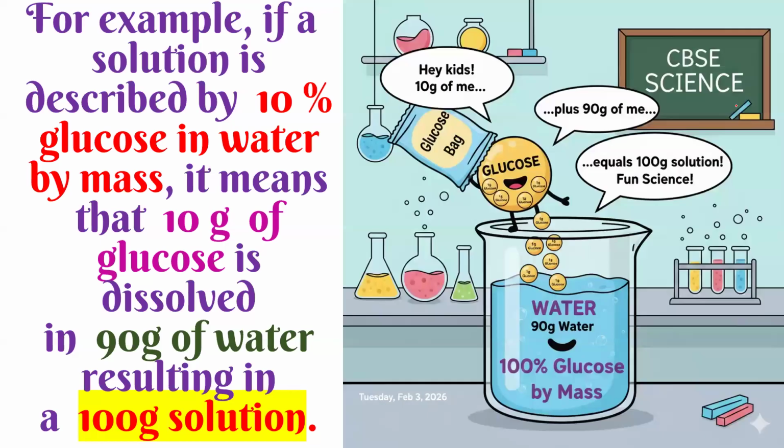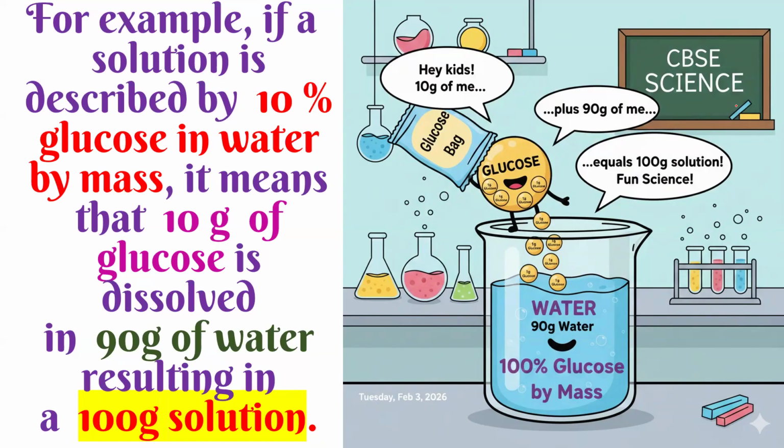For example, if a solution is described as 10% glucose in water by mass, what is the mass of the glucose? It means 10 gram of glucose is dissolved in 90 gram of water. So the total is 100 gram of solution. To make the 100 gram solution, 10% is glucose and 90% is water.